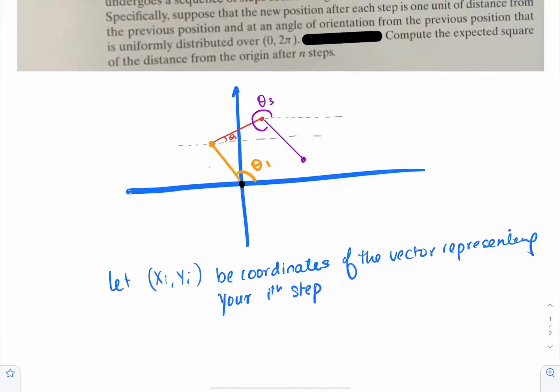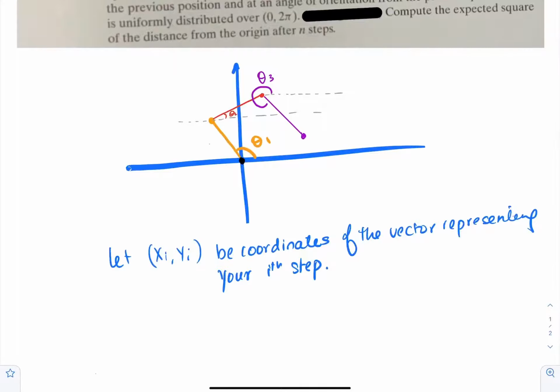So what do I mean? Let's suppose you are at some point at some time, and then you take a step. Then what you do is just add the xi, yi to the coordinates of this, and that will be your new position at time n plus 1, and this was at time n. Okay? So that's what I mean. So this is the coordinates of the vector representing the ith step.